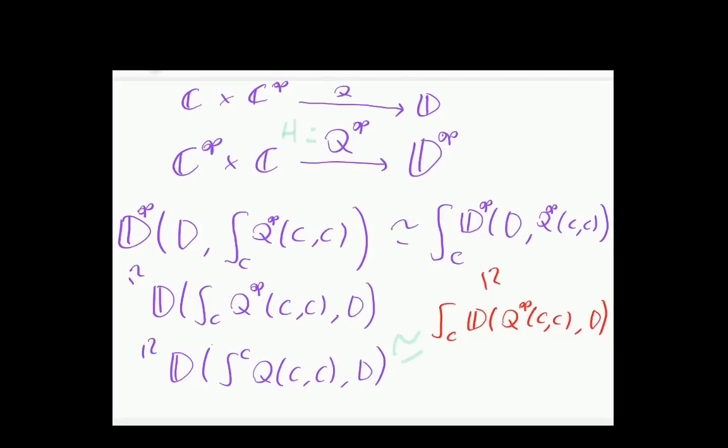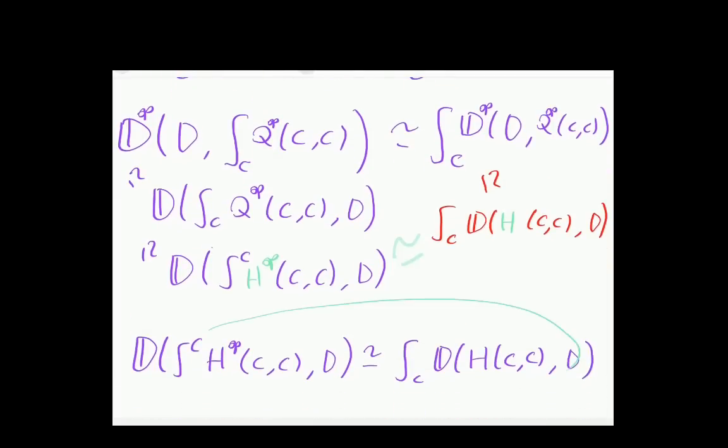Now, if we just remember where Q came from, remember that we're defining H as Q op. So we can just rewrite this here as a H and rewrite this Q as a H op. Well, we have this type of relationship, and this is what we wanted. So this is our second bracket pulling formula.